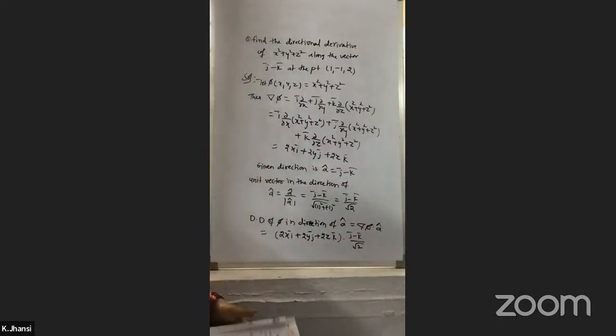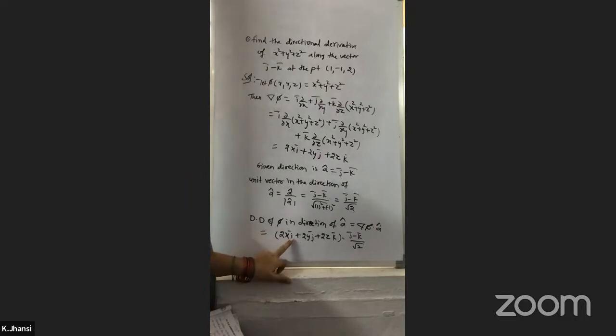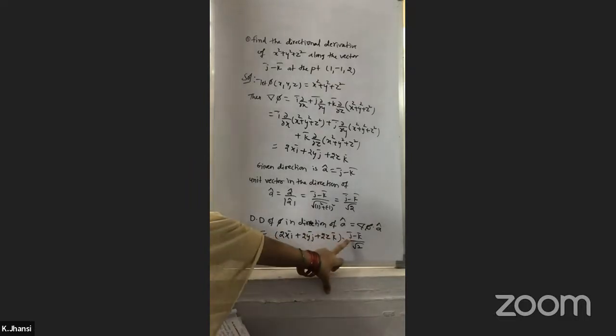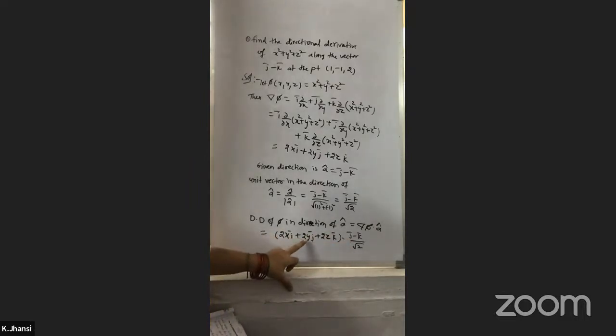Now you find the dot product of these two. Here x into i, vector i is not there here, so this value is 0. This into this one, that is 2y plus 2z by root 2.